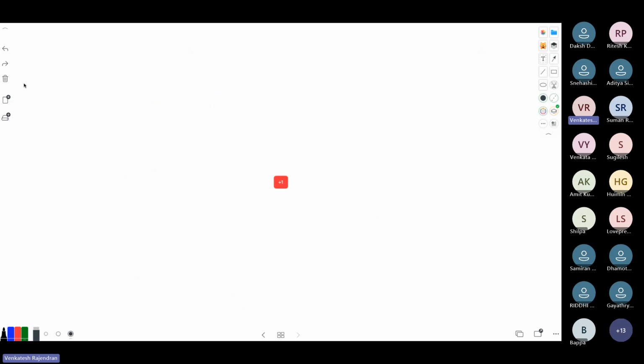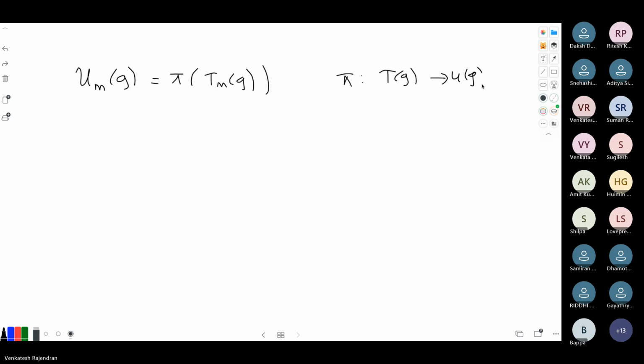So with this, you have U_m(g), which is defined to be pi of T_m(g), where pi is a map from T(g) to U(g). This gives a filtration for U(g).